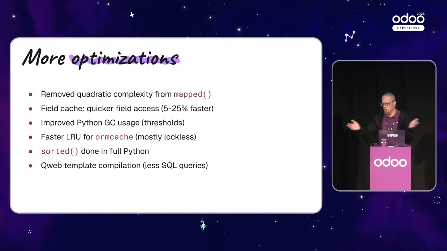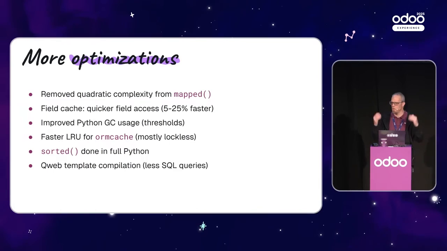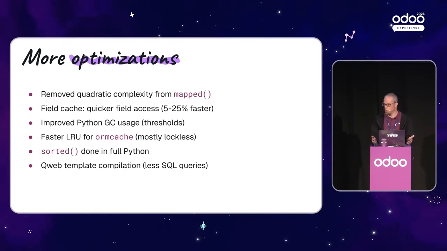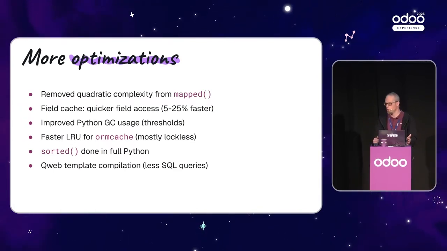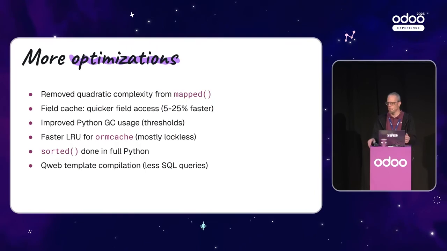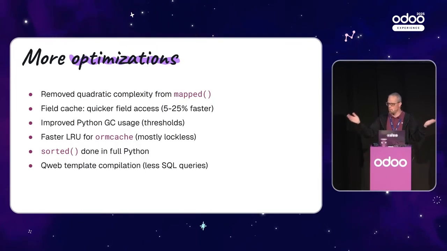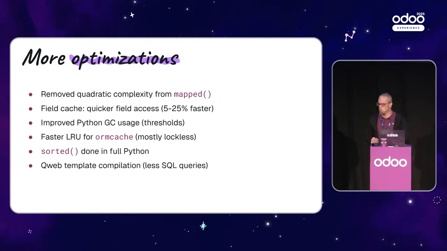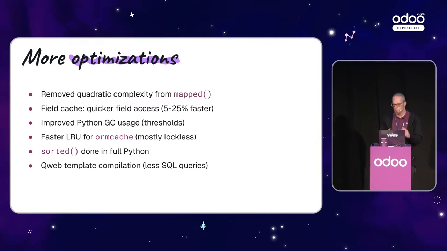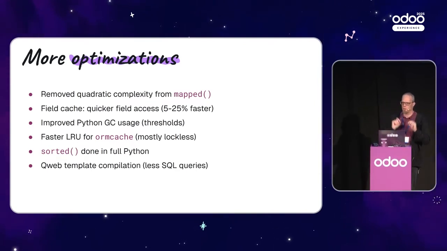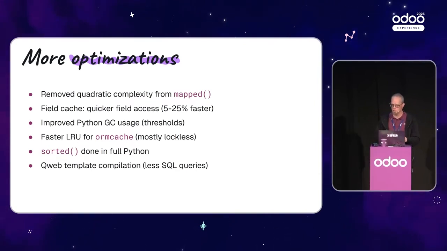I mean, we easily get 1,000 records out of the database. Once you iterate through those 1,000 records, you've already been through 700 new objects. So we simply set better thresholds to avoid the garbage collector kicking in.